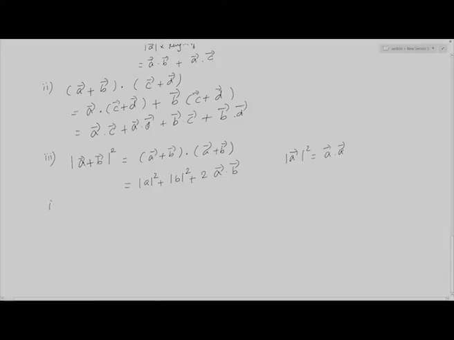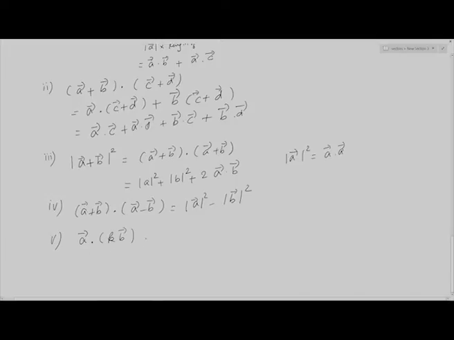And the next one, the fourth one: if I take the dot product of vectors A plus B with A minus B, you can verify that it is simply mod A square minus mod B square. The next property is the dot product of A with some k times B vector.